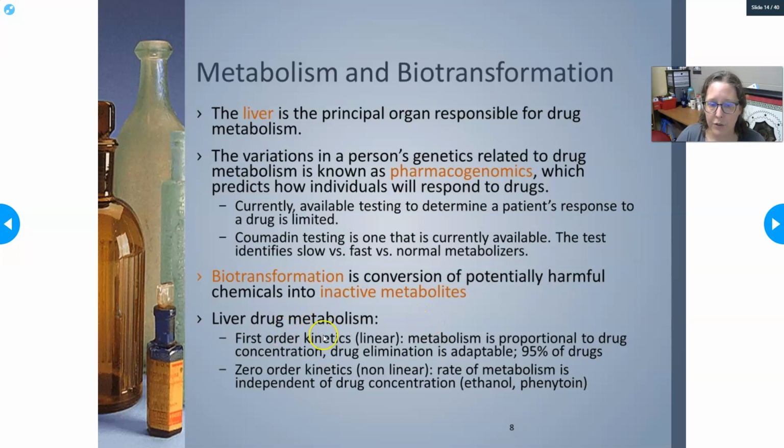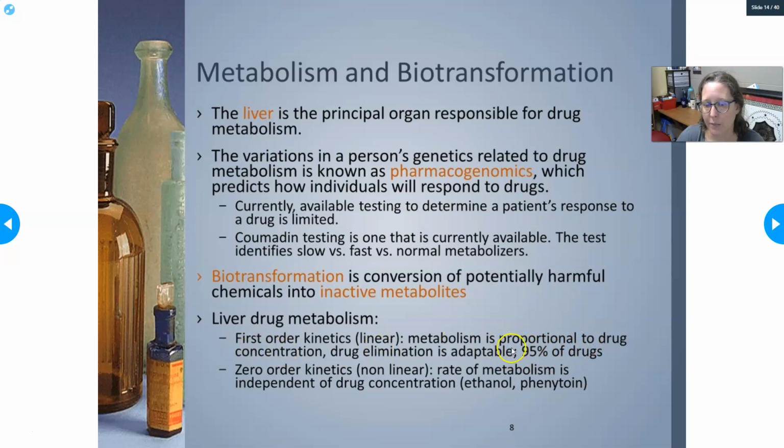Some drug metabolism can be done in first-order kinetics, where there's a linear relationship, meaning the more of the drug or substance there is, the substrate for the enzyme to work on, the faster the enzymes work and the faster the reactions go. In first order, metabolism is proportional to the drug concentration, and drug elimination is adaptable. And 95% of drugs fall under that category.